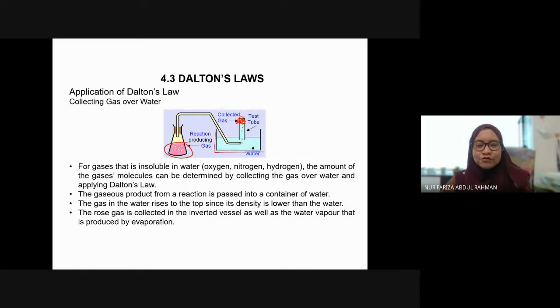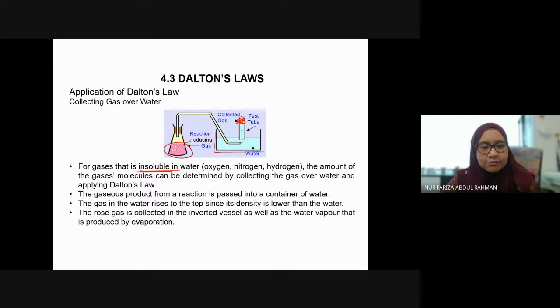Imagine kalau you produce gas yang boleh interact with water ataupun dissolve in water. Okay, dia tak akan masuk dalam test tube ni sebab dia dah kena tarik dengan water. Water hold all the gases in supaya dia tak evaporate. Okay, that's why syarat dia yang pertama, you have to make sure that yang gas yang you produce, yang you want to collect must be insoluble, does not dissolve in water. Okay, if not sia-sia sahaja.